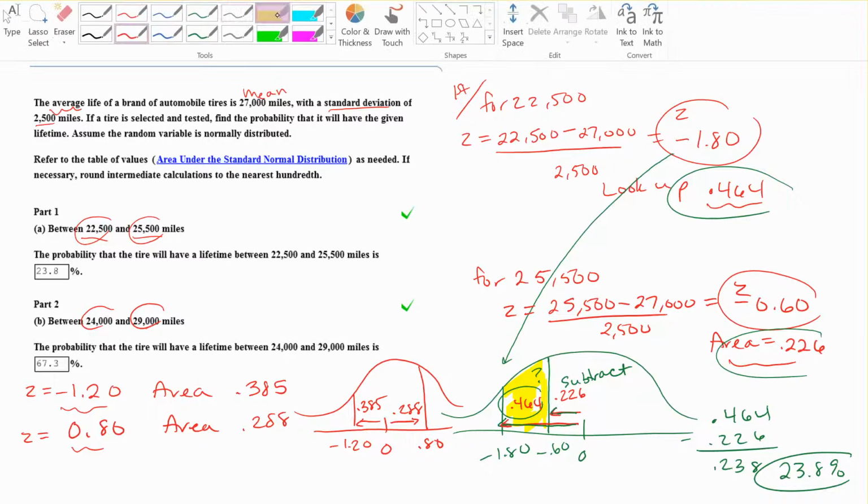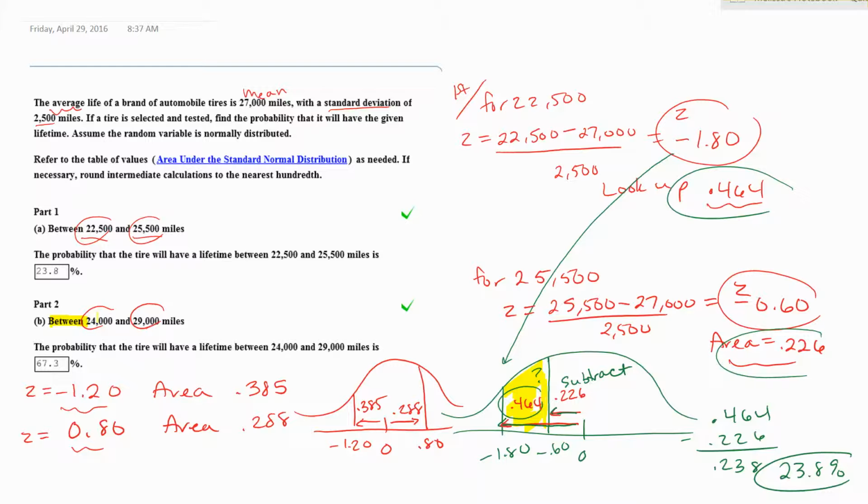Again, I want to find the area between these. I want this total area under the curve between these lines. Notice that in this diagram, we have the arrows pointing in opposite directions. I have 38.5% going this way, 28.8% going the other way. So the total is what I'm searching for here.